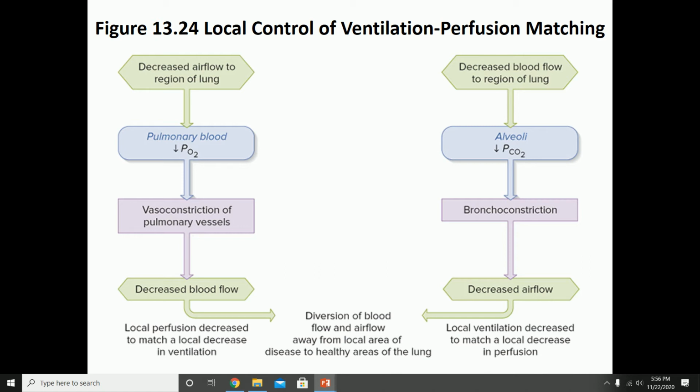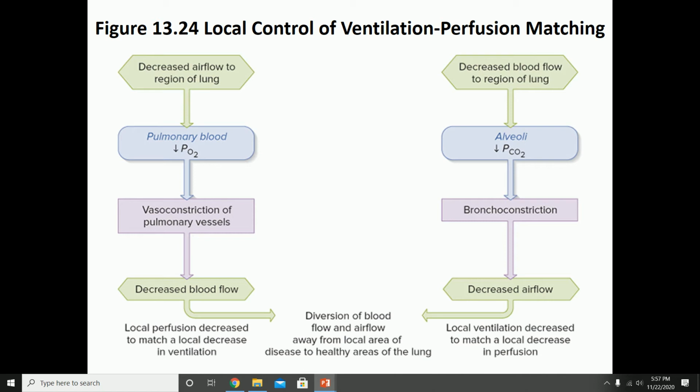So we will take this scenario where there is a decreased airflow to a region of the lung. So let us say that a patient comes in with an obstruction in one of, say, the secondary bronchi. That means that anything distal to that bronchus is not ventilated. There is a decrease in ventilation. It means there's a decrease in oxygen in that area of the lung.